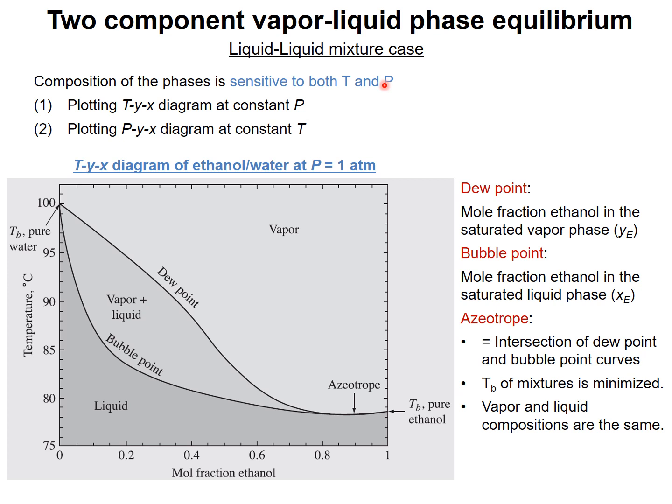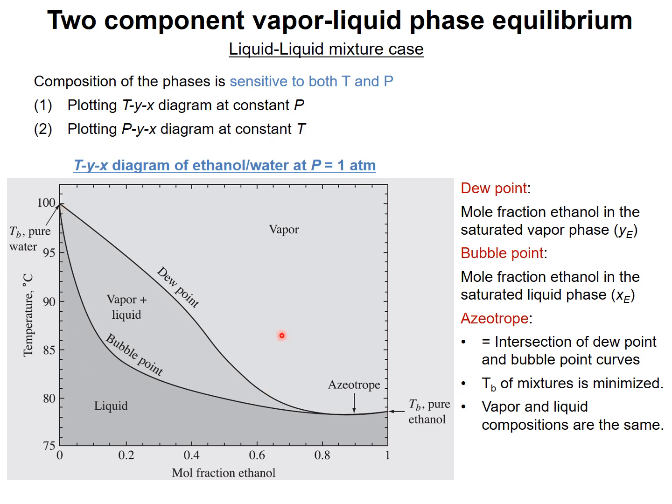But it is very difficult to understand the three-dimensional diagram. So practically we have the following two graphs. The first one, the plot of temperature and composition diagram at constant pressure, or the second, the plot of pressure composition diagram at constant temperature.